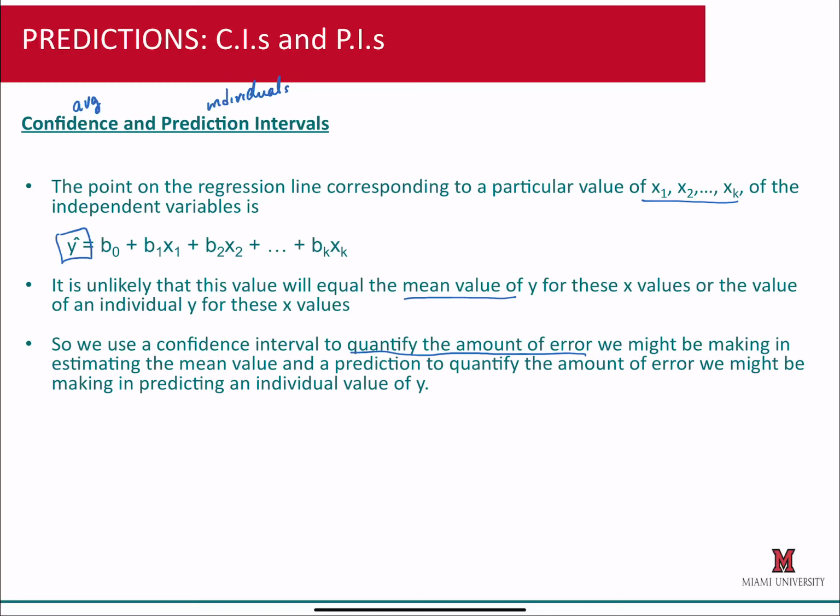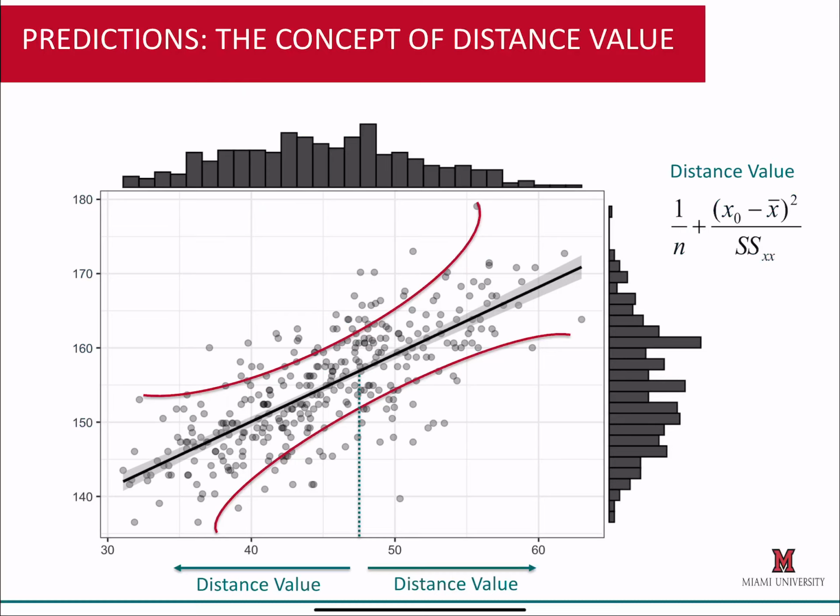We've talked about this a little bit, but I wanted to talk to you a little further on the concept of distance value. Let's suppose that you have two variables, let's say x and y, whatever those variables are. The distance value is basically taking into consideration the variable x. If we are closer to the mean of x, then we would expect that prediction to be more accurate, because it is closer to the average of the points, where the bulk of the points of the variable x is.